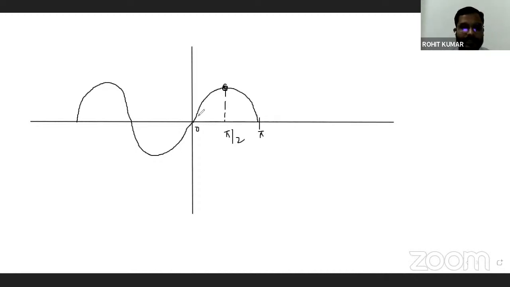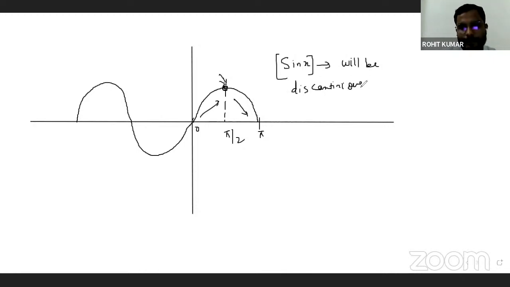Why? From 0 to pi by 2, the value of sin x goes from 0 to 1, so the greatest integer function will be 0. At this particular point, the value is 1, so the greatest integer function will be 1. After that, we go down from 1 to 0, so the greatest integer function will be 0 again. So this is one point of discontinuity for sin x: the greatest integer function of sin x is discontinuous at x equal to pi by 2.